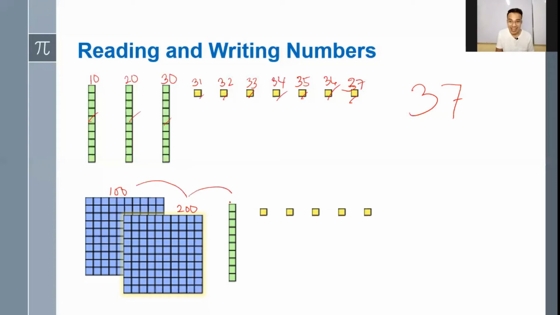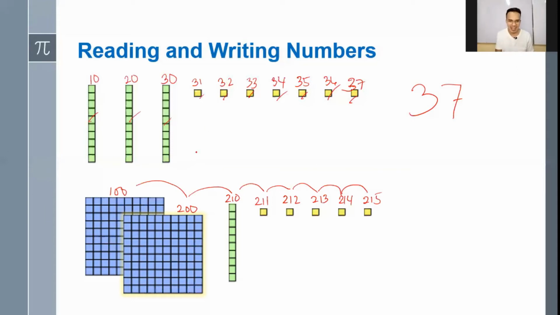This is just 10. So we have 210. Then 211, 212, 213, 214, and 215. So the number represented by these blocks is 215.